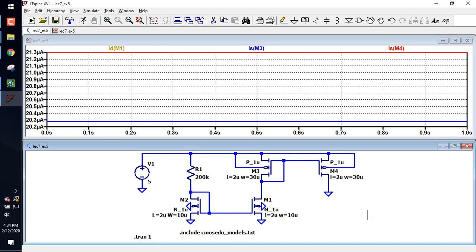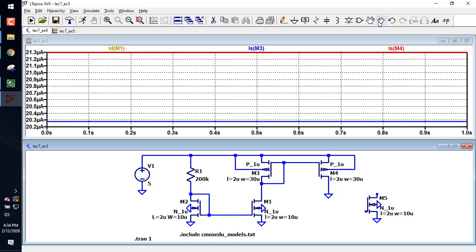All right, and so you could make all kinds of current mirrors here. If I were to go over here and hit copy, let's really make this complicated. Copy, and I were to grab this, and get the wire out and go like this.